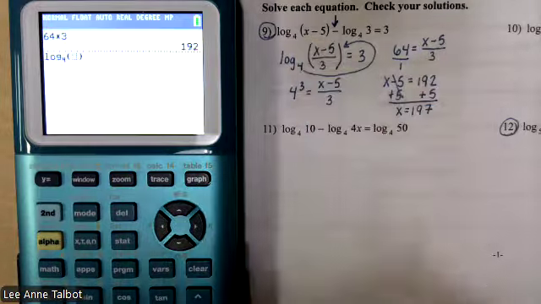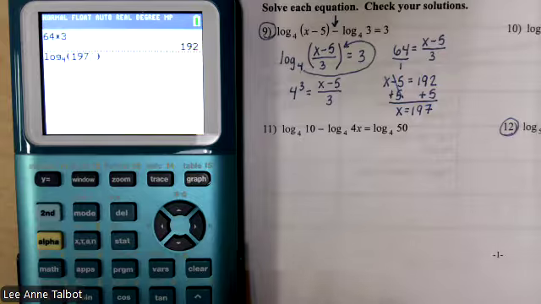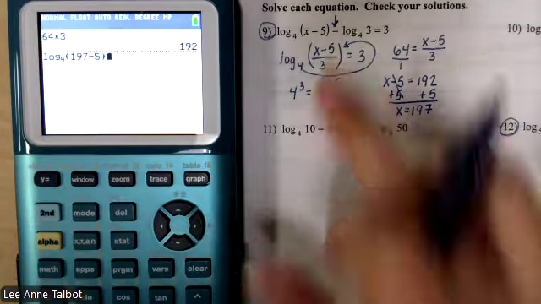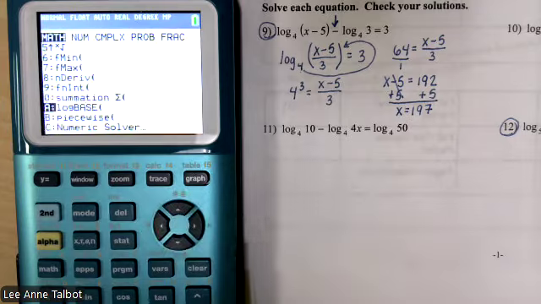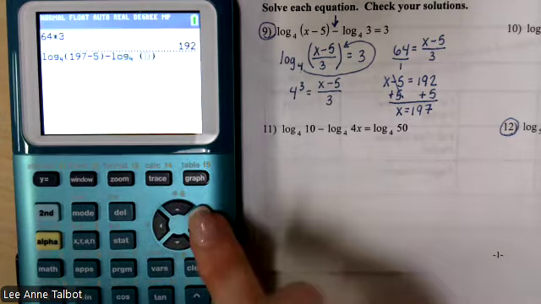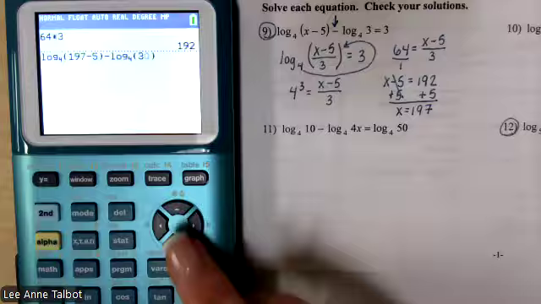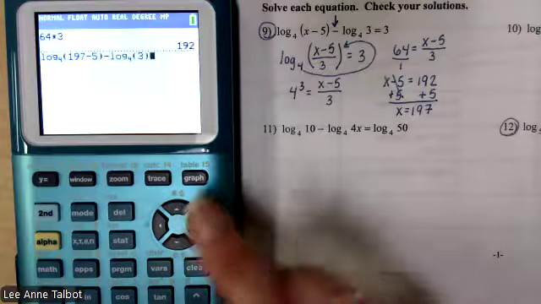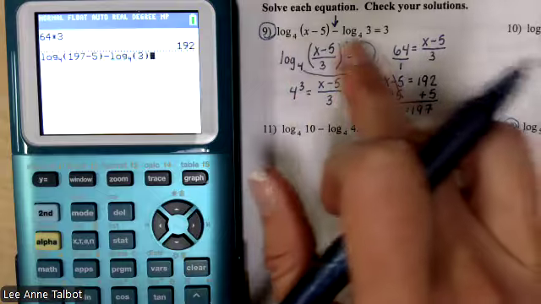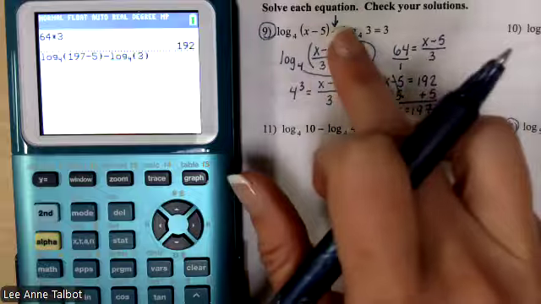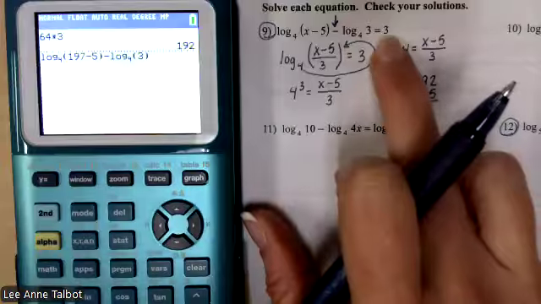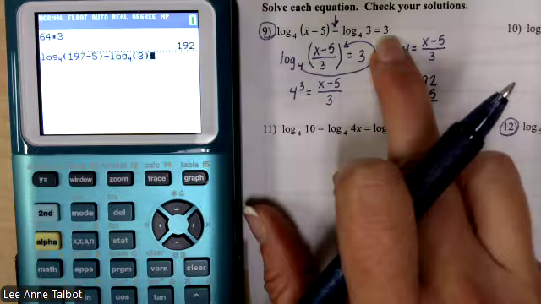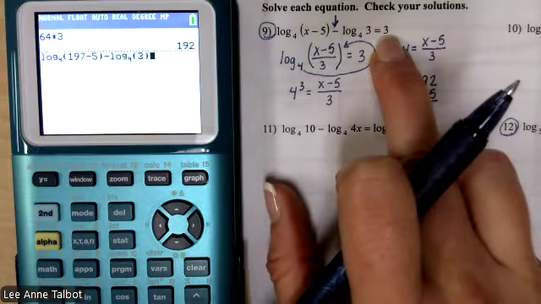So 197 minus 5, minus math log base 4 of 3. So I typed in all of that side, and what am I hoping that it equals when I hit enter? 3.